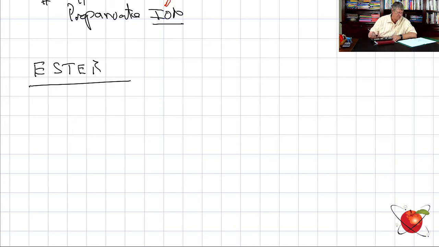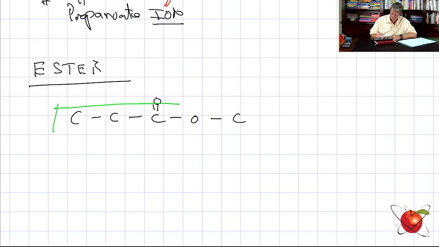The ester has a carbon chain and is characterized by a double bond O, single bond O, and a C. It has 2 chains. So we look for that group there.